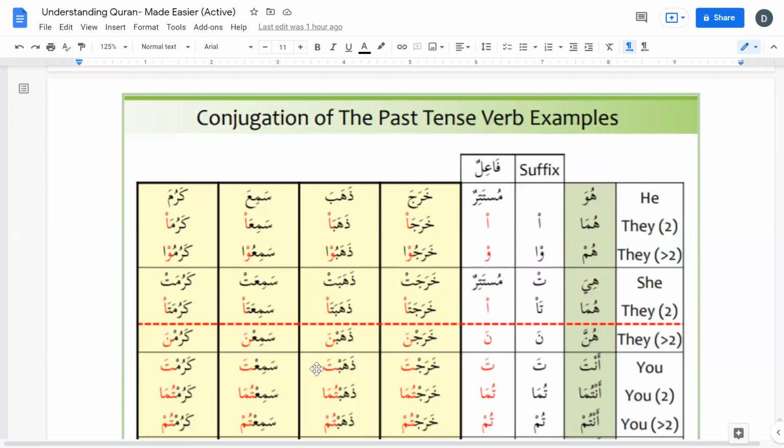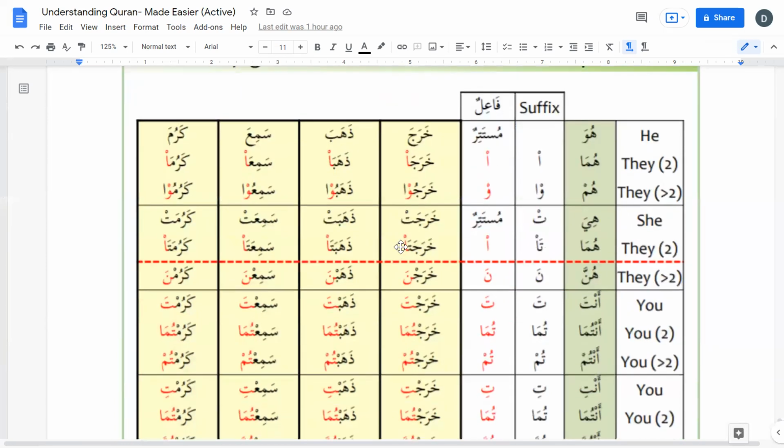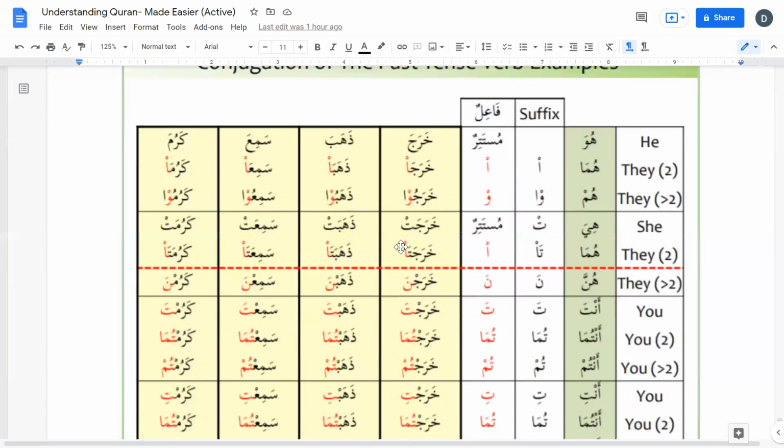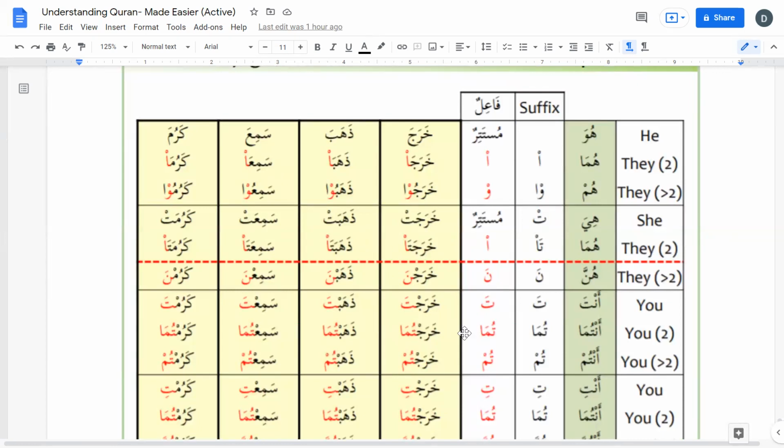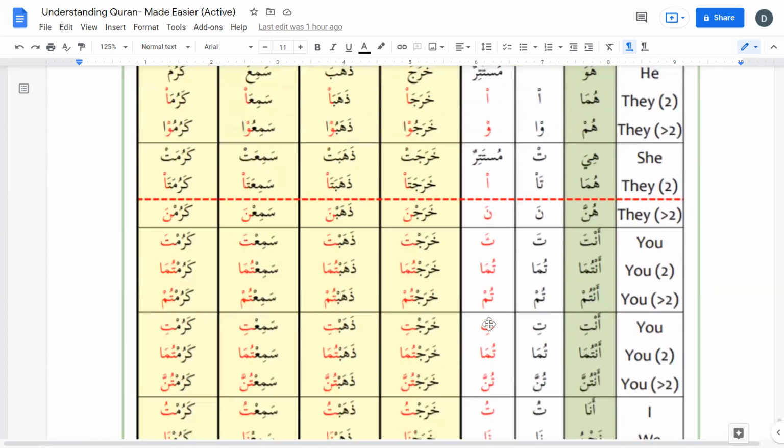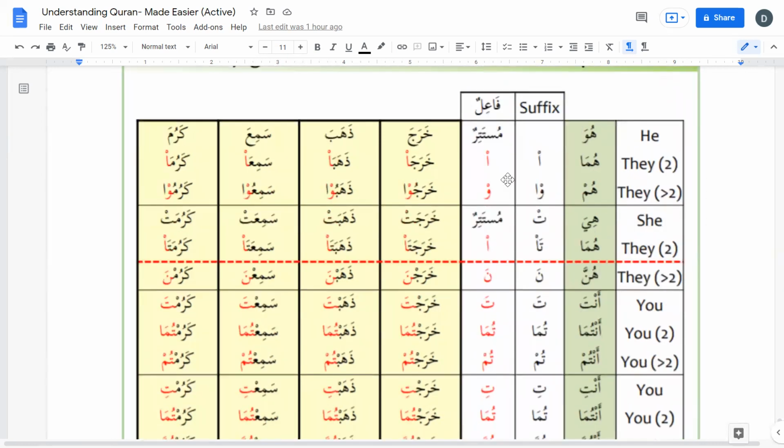And here are some more examples from other types of fi'l. In this table, inshallah, it is described which one is mustatir, hidden, and which one is apparent, so you can identify the doer in that fi'l madi.